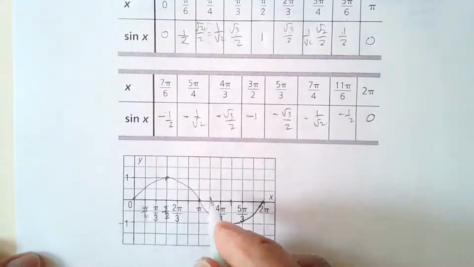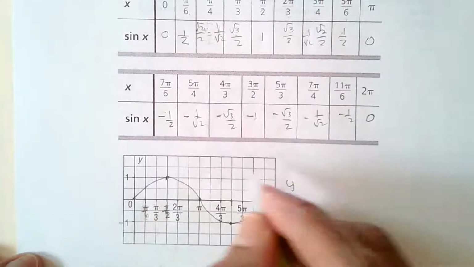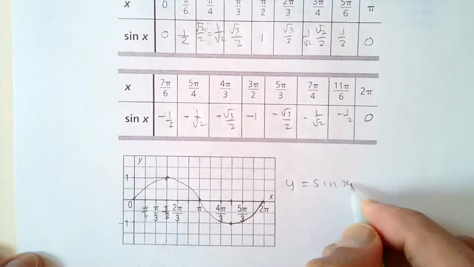So you notice here we have 2 complete cycles. So this is y is equal to sine x.